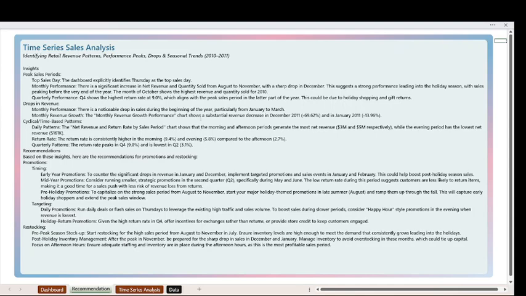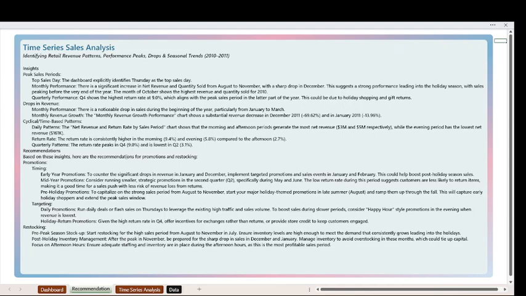I'll go straight to my recommendation, which is timing for promotions. Early year promotions should be done to counter the significant drops in revenue in December and January. Targeted promotions and sales should be done in January and February, and this could boost post-holiday season sales.